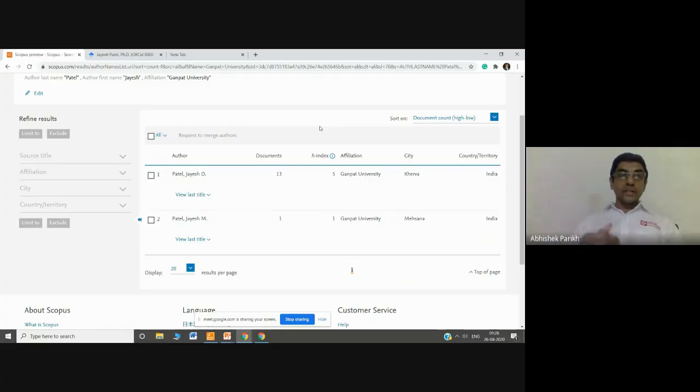Then, when he moves to another university, he may change the affiliation from Ganpat University to the new university name. So it will remain with him only. Whichever institute he moves to, the affiliation for that article can keep changing. Right, so both options are available in Scopus.